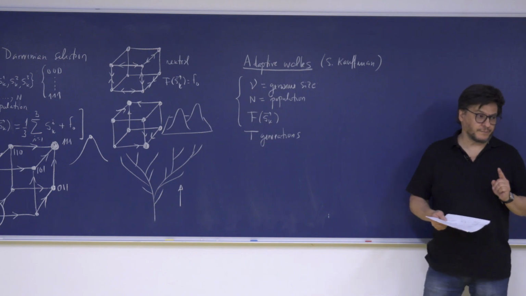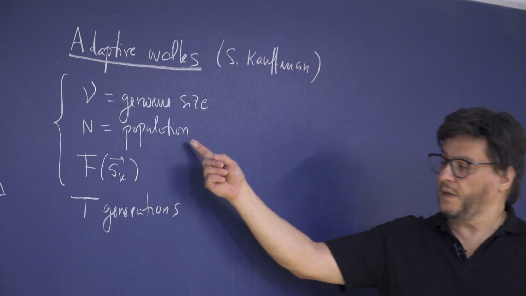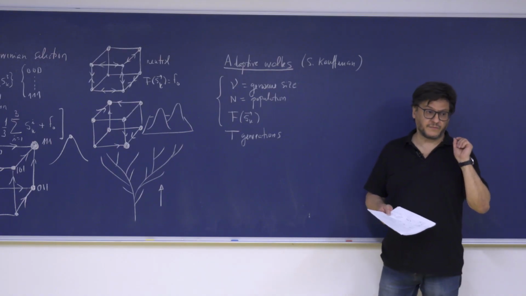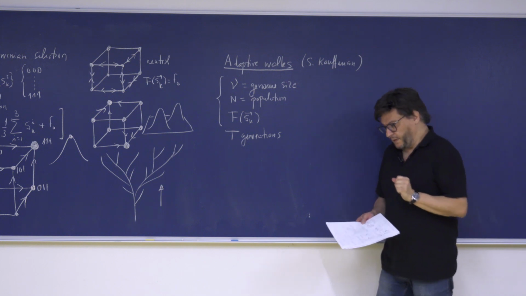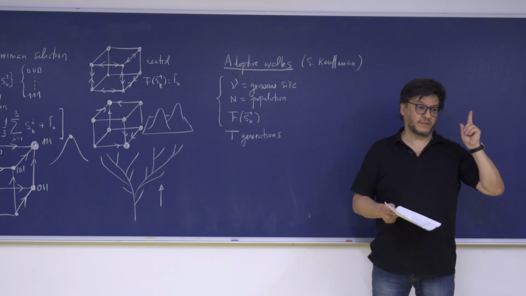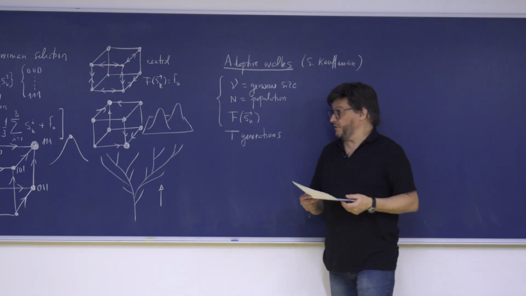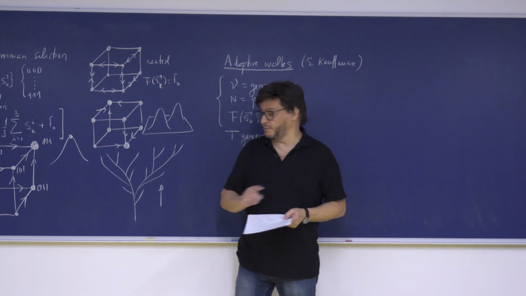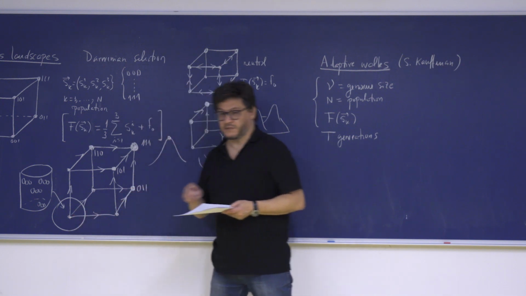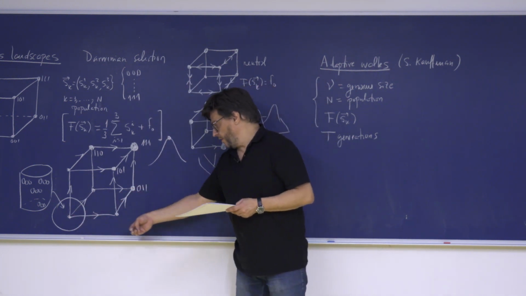In each generation, I'm going to take every single agent, genome if you want, and perform the following rule. If I take this genome, with some probability, I make one mutation, and just one. A mutation means, for example, if I'm here, 0, 0, 0, imagine I mutate the third bit. It means that I'm going here.